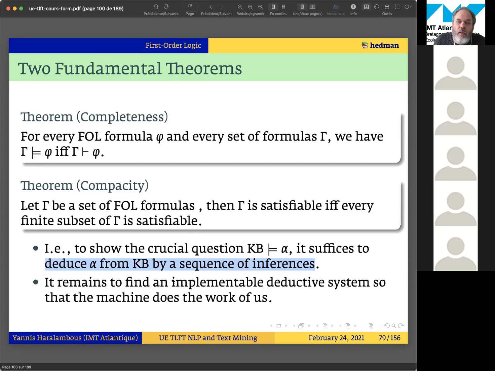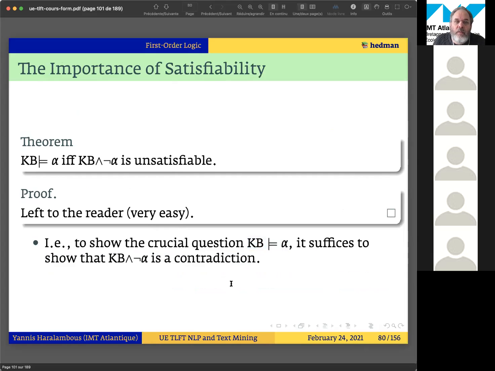So what we need now is a deductive system that allows us to prove deductions and therefore to prove consequences. And here is a theorem which is very important because it allows us to do calculations.